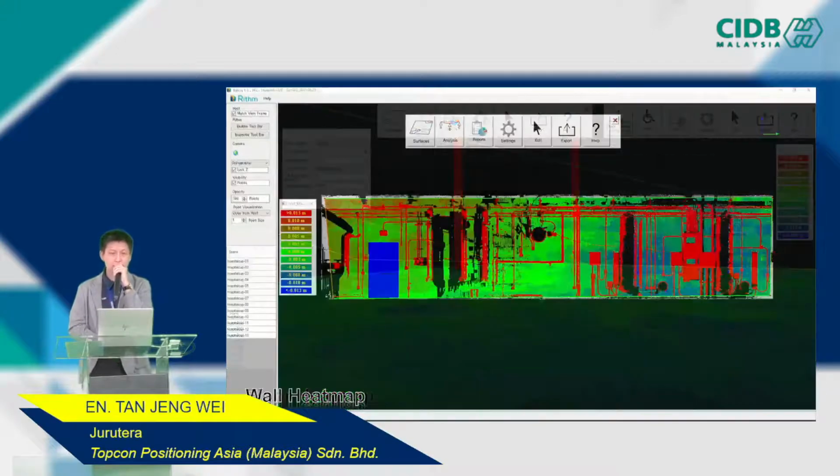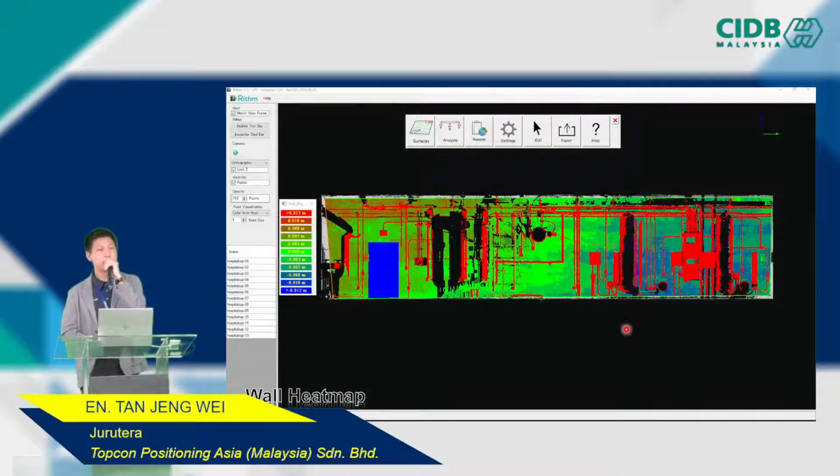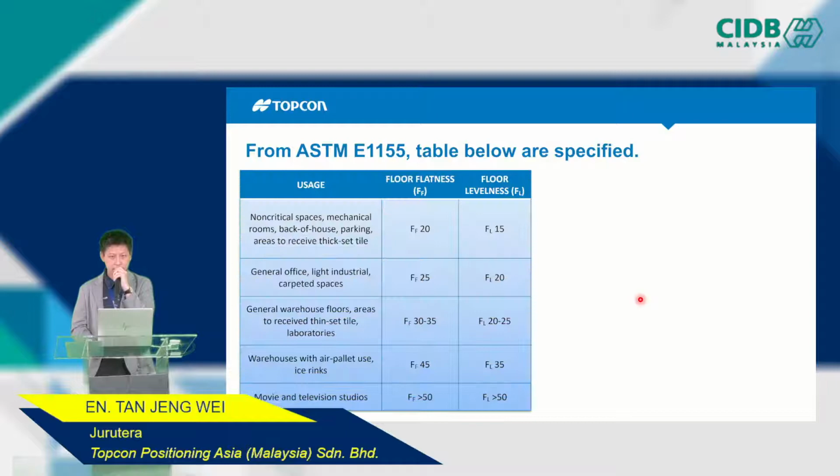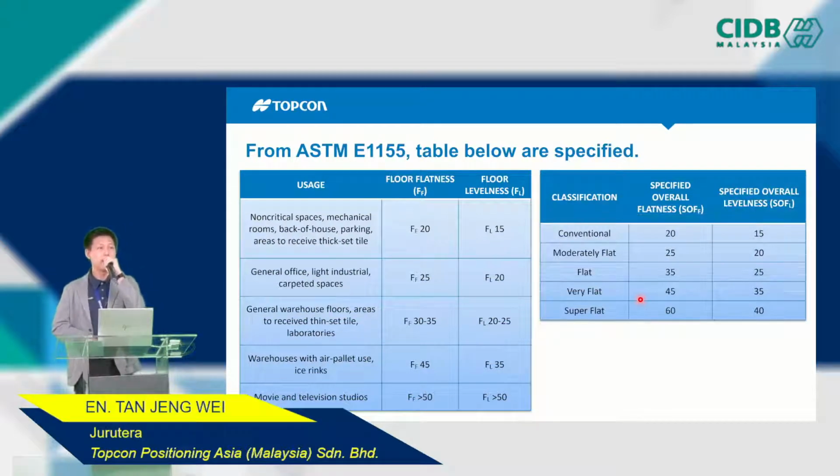And for this one, this is actually the wall. We are using it to check the wall verticality. And as I mentioned just now, we can create the ASTM E1155 report by using this software.